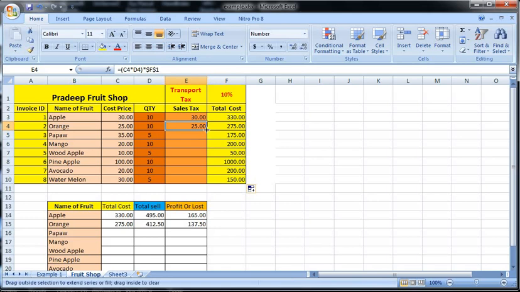And if I drag all these things, I should get a good solid Excel worksheet using a formula and a function, and using an absolute cell and a relative column.